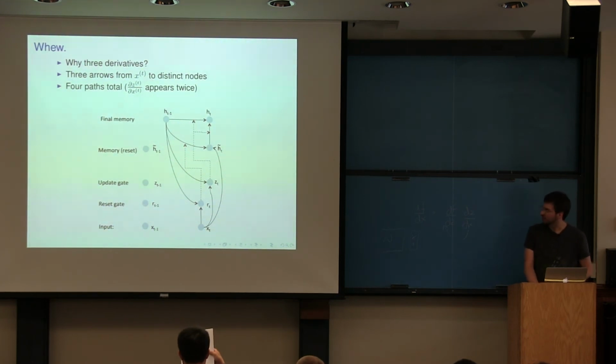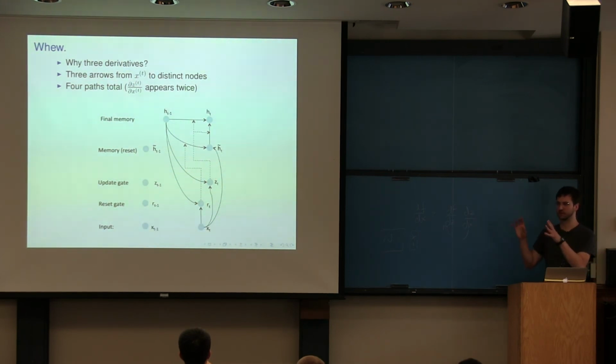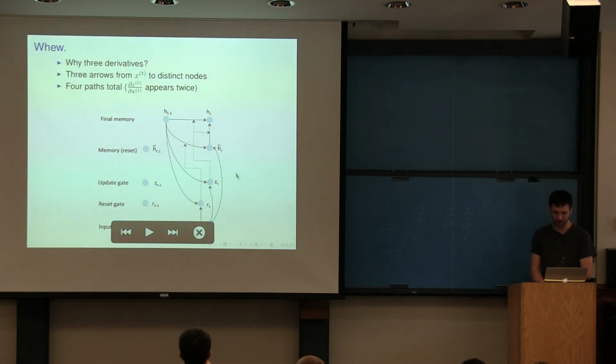So just to tie it all together, why did we need to take these three derivatives? The network we showed before was the view of the GRU from the paper, and it's sometimes simpler to think about its forward operation that way. But if you want to really visualize all the connections, this is the figure we had in lecture.